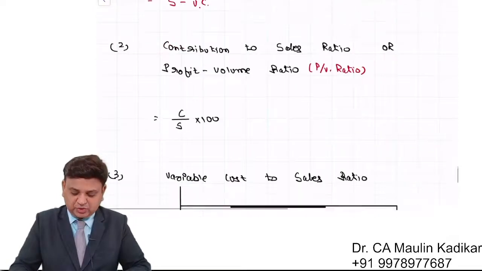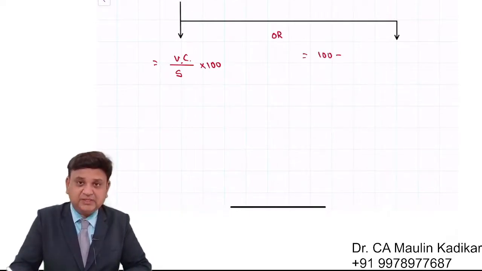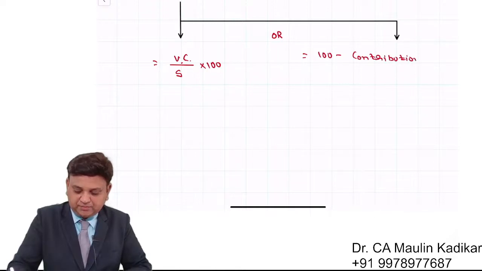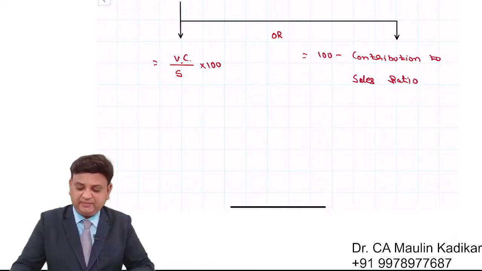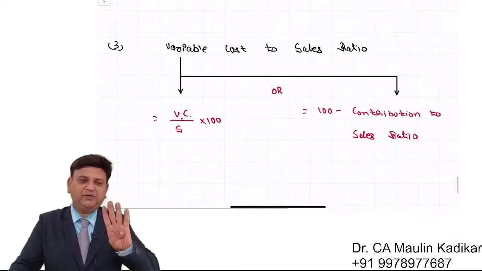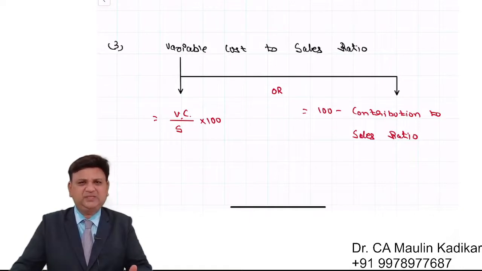That is the variable cost to sales ratio. Or otherwise, it is 100 minus contribution to sales ratio, that is, the profit volume ratio. If the profit volume ratio is 40 percent, then variable cost is 60 percent of the revenue.